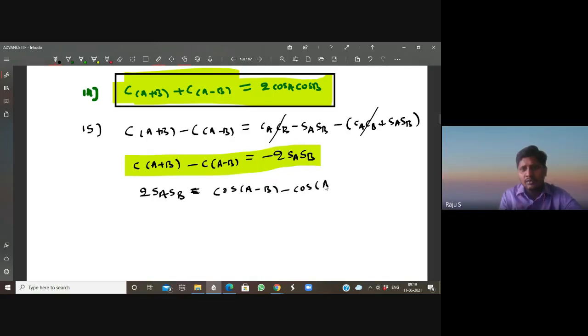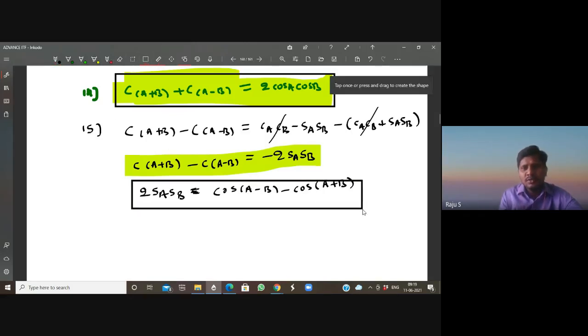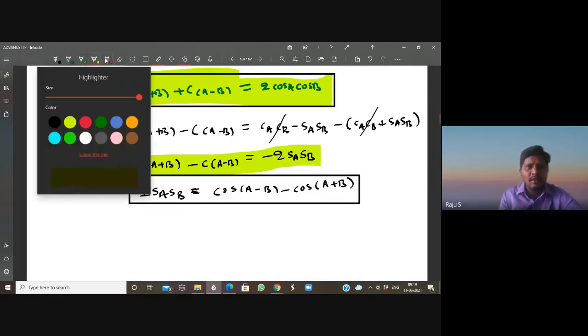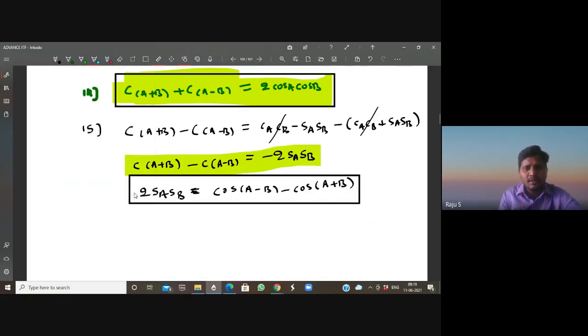So this is very, very important, students, because most students can easily remember all the formulas other than this one. First cos(A minus B) will come, then cos(A plus B).